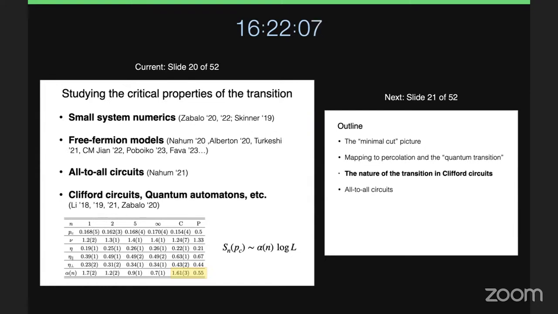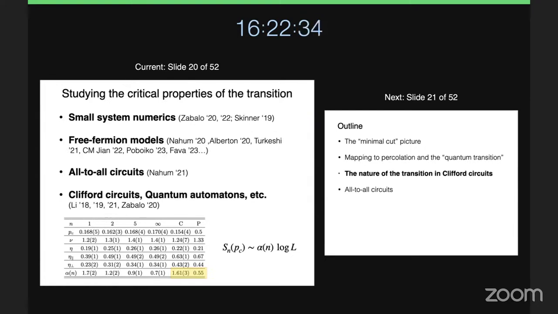If time will permit, I need to say a few words about some exact results that we have for all-to-all circuits, which I think is very interesting. But the main topic I'm going to talk about today, which has also been making a lot of activity, is to use these models where you can do classical simulation of quantum processes very efficiently. And these are, for example, these Clifford circuits and quantum automata.